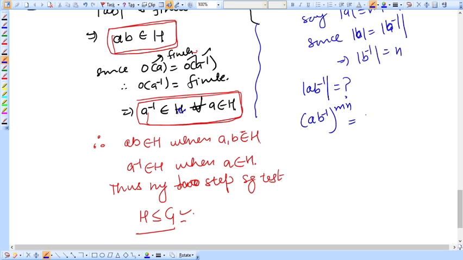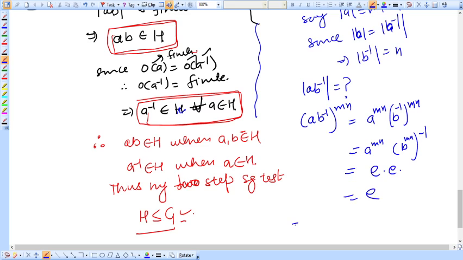Since it is abelian, we can write it as A to the Mn times B inverse to the power Mn. So it is equal to A^Mn times (B^Mn) inverse. Since, as I already gave the reasoning why it must be equal to E, the same applies here also: E into E, which is equal to E, the identity.